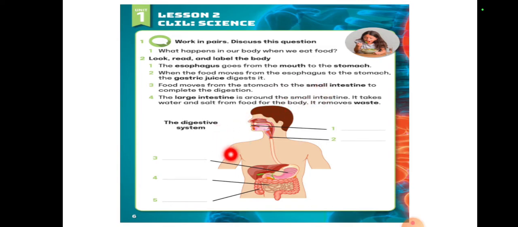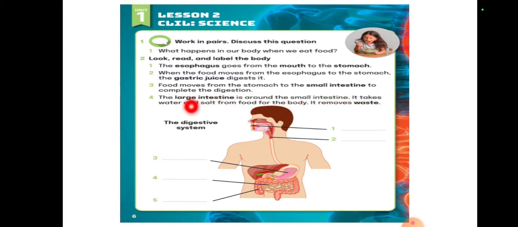So here it is the stomach. Number 3. Food moves from the stomach to the small intestine to complete the digestion. The large intestine is around the small intestine.